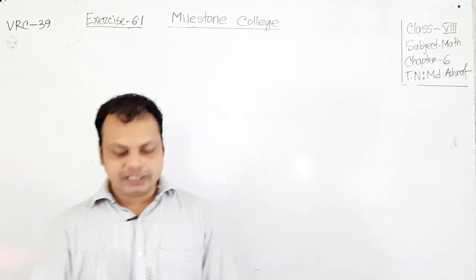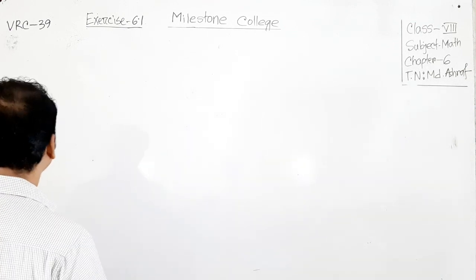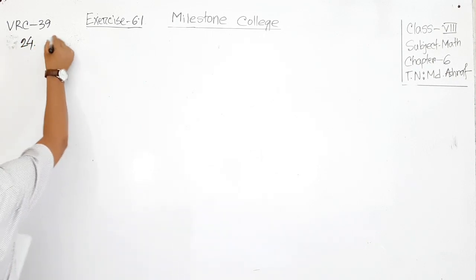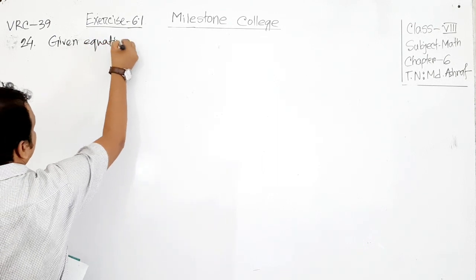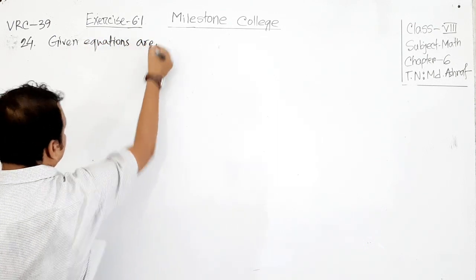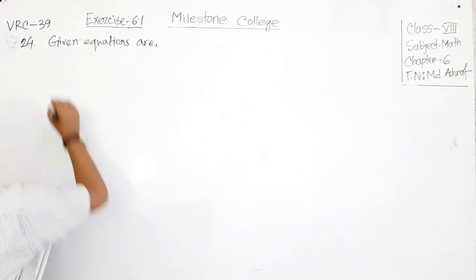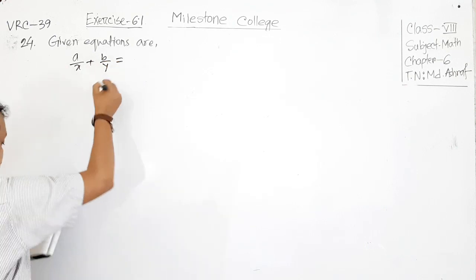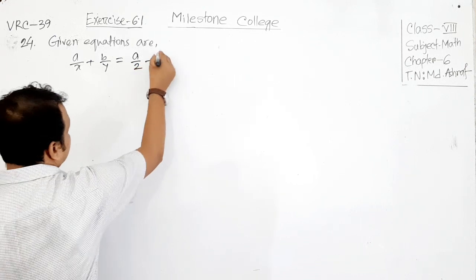Dear students, now we start another one. It's question number 24. Write the equations first. Given equations are: in question 24, x plus a divided by x plus b divided by y equals to a by 2 plus b by 3.